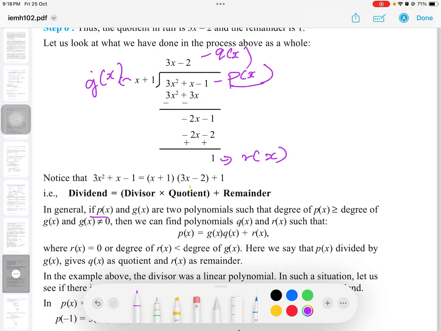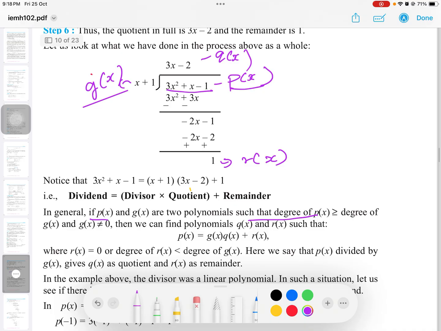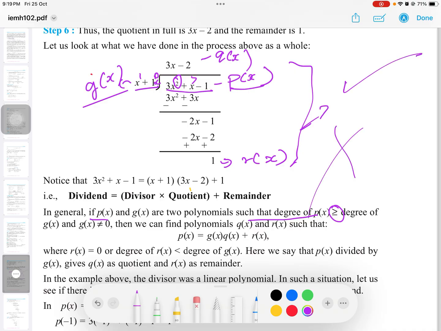If p of x and g of x are two polynomials such that the degree of p of x is greater than or equal to the degree of g of x, see, 2 is greater than 1 and 0. Only if the degree of the dividend p of x is greater can this whole division be carried out, or else it will not.